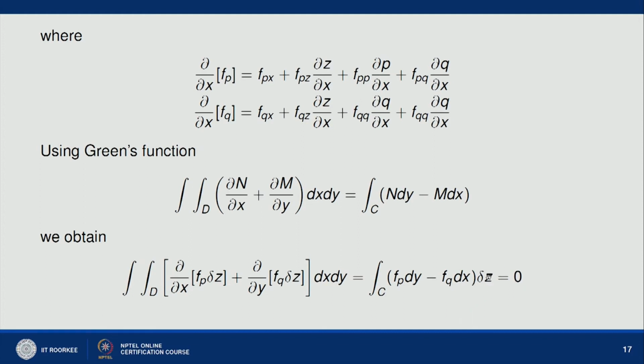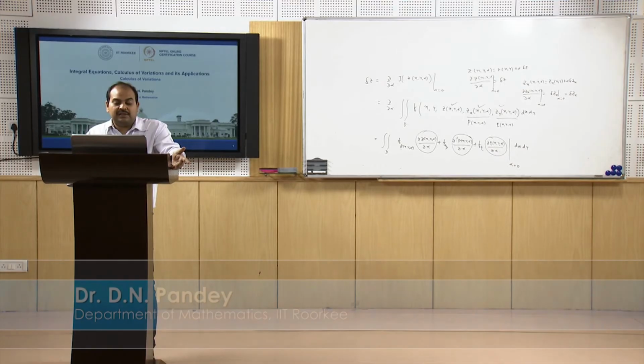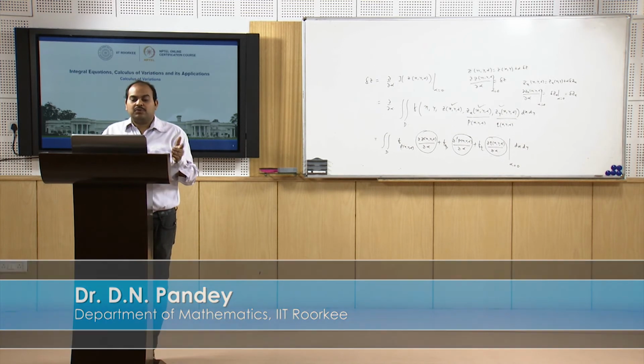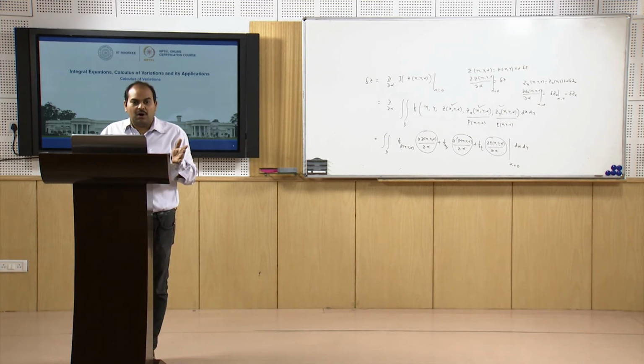Why? Because delta z is the difference of z1(x, y) and z(x, y), and both z1 and z satisfy the same boundary condition on the boundary C. So it means that delta z, which is the difference between z1 and z, has to be 0 on the boundary.